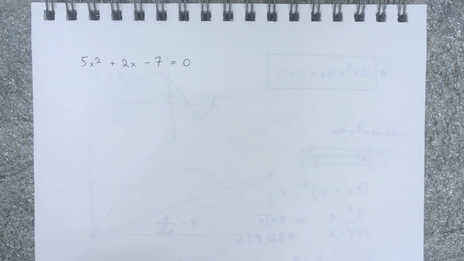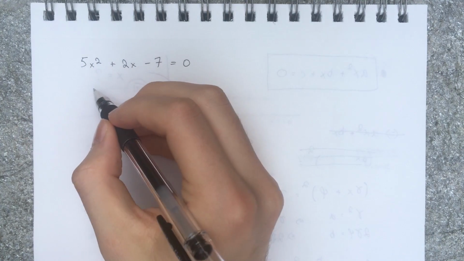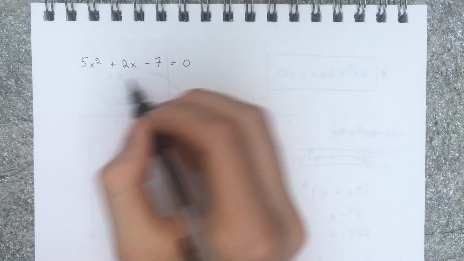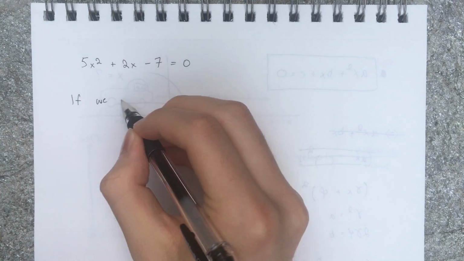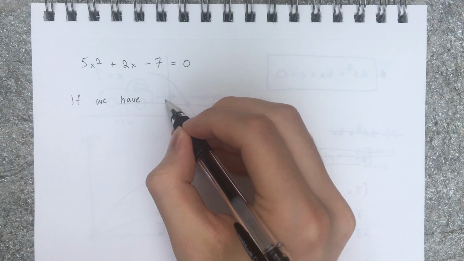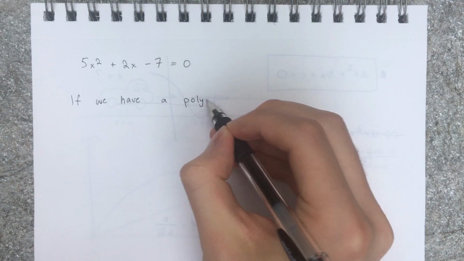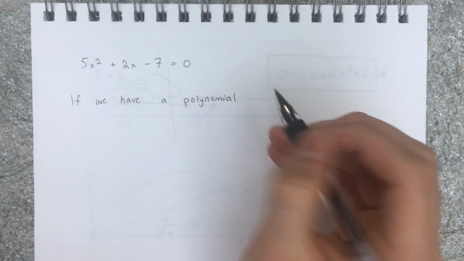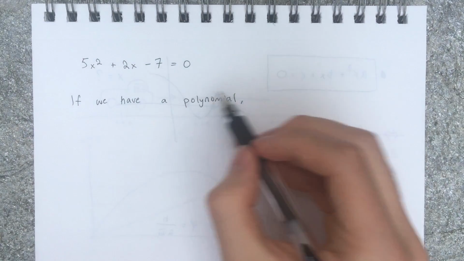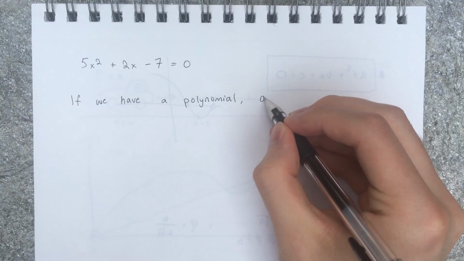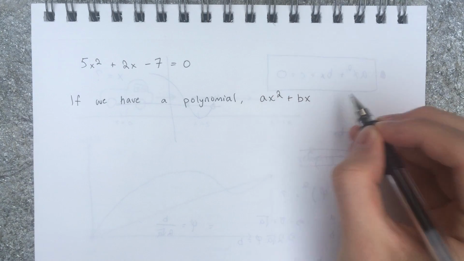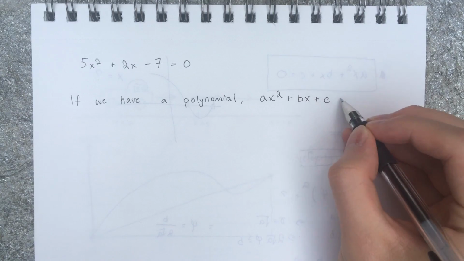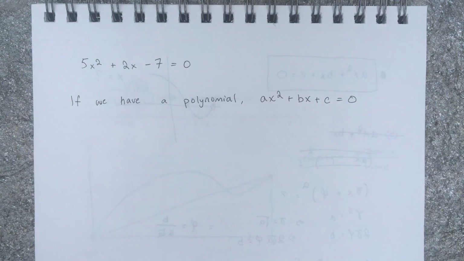So let me start out first by writing the formula. So let's say we have any polynomial in the form of ax squared plus bx plus c equals 0.